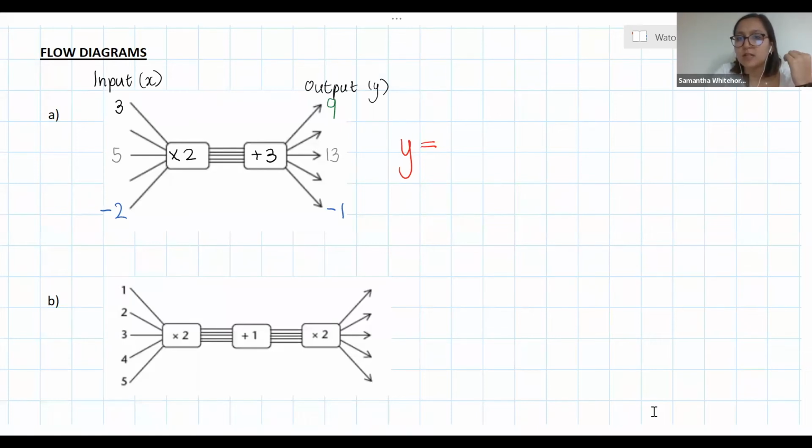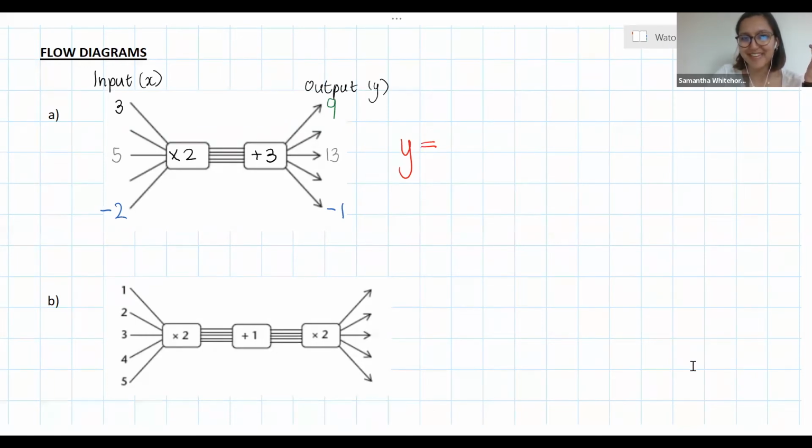Oh, so many hands. Rory-san, do you want to tell us? Rory-san, you there? Oh, okay. Kanya, do you want to help us out?